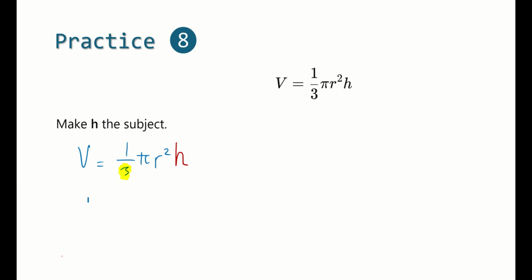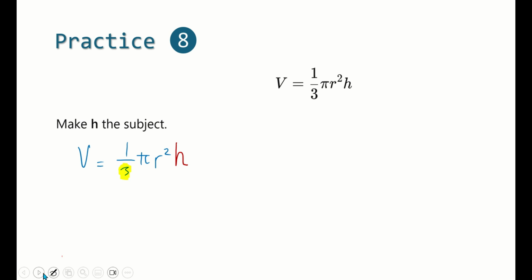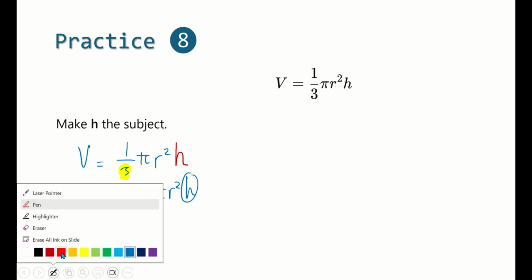Let's try to do that. So V equals to 1/3 pi r squared h. I will copy again, yeah. Okay, let me circle this one. Both of them must be multiplied by 3.